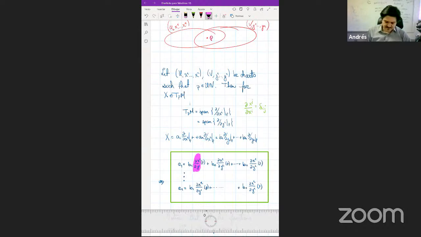This is smooth. Again, here is where the regularity condition is important. If xi is a C^k function, then I will get a C^(k-1) function, because I'm taking one partial derivative. But the xi's are smooth functions. So this is smooth, smooth, smooth.